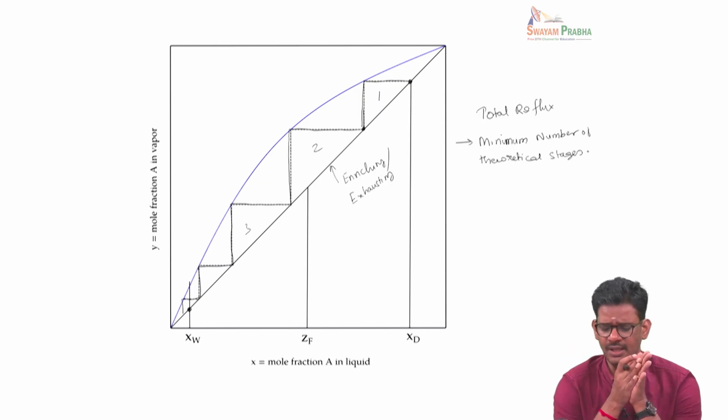Now, this particular process of calculating minimum number of trays or minimum number of stages can be done graphically, but if the relative volatility is constant, we can also get an analytical expression for minimum number of theoretical stages.